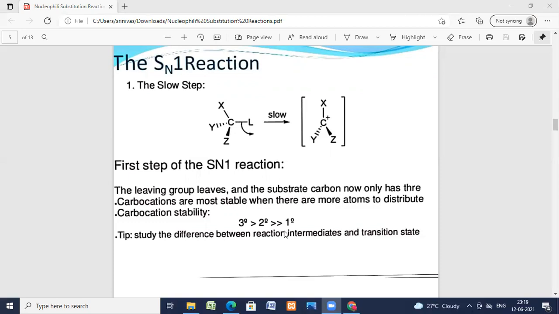So first, in presence of KOH, tertiary butyl bromide, the rate of reaction will follow first order. Rate of reaction will be proportional to the concentration of tertiary butyl bromide. The reaction takes place in two steps. In the first step, the carbon-halogen bond is broken, and it results in the formation of the carbocation.